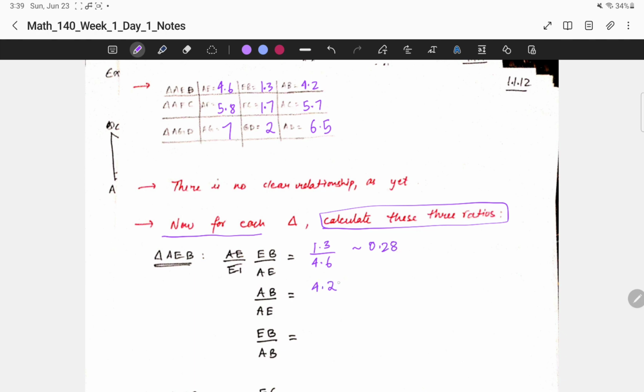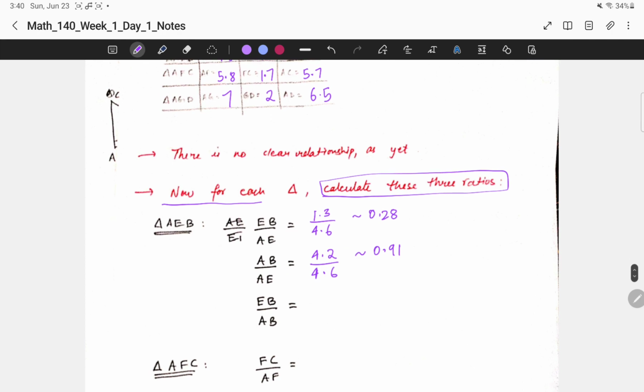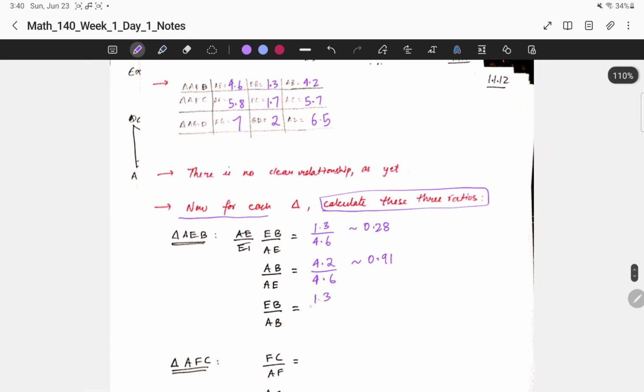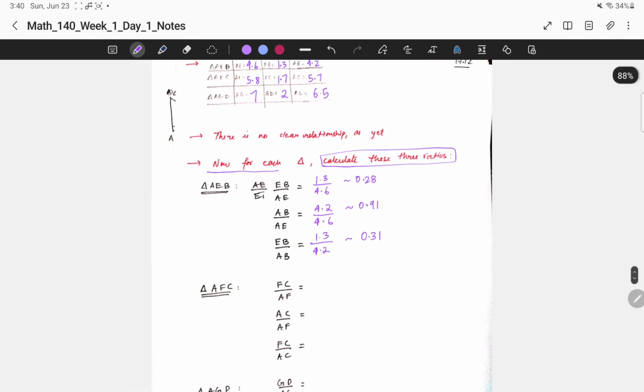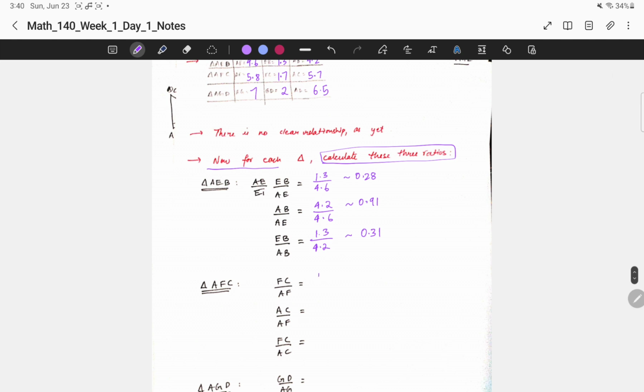Then I got 4.2. So you can go ahead and do your calculations while I do these right now. Divide by 4.6, roughly 0.91. EB, that's 1.3 divided by 4.2, 0.31. Next triangle, FC is 1.7 divided by 5.8, 0.29.